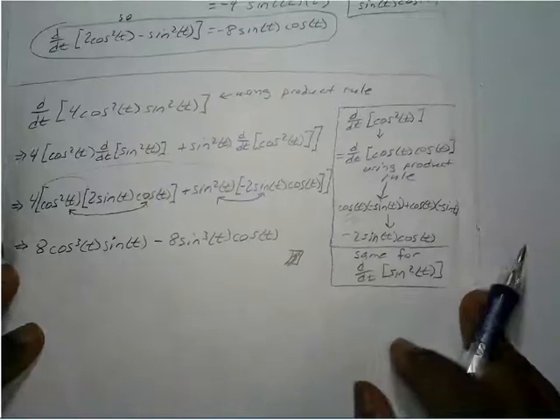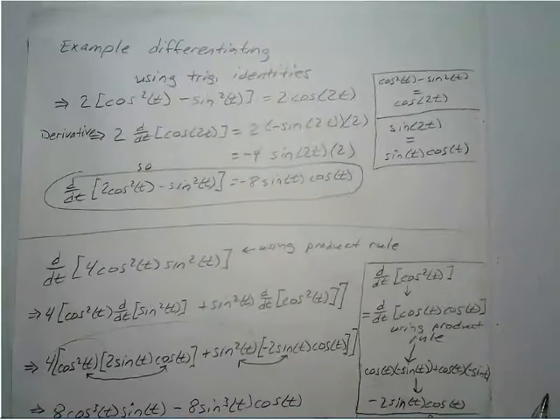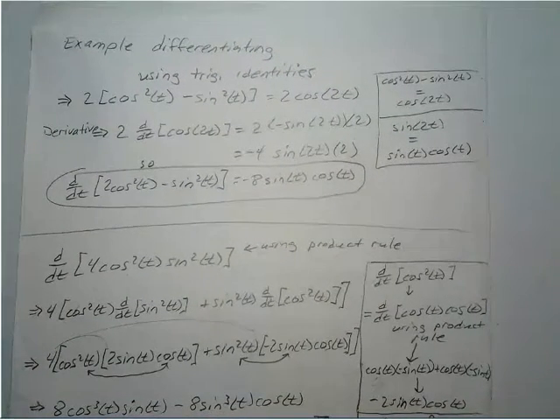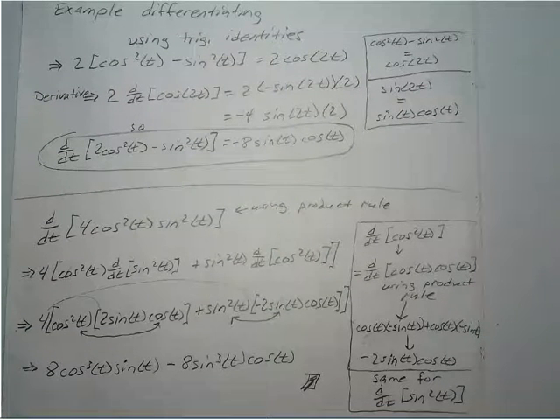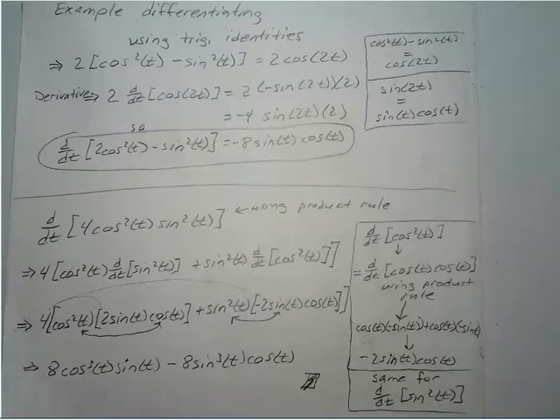When I did the differentiating on the previous example, this is how I worked it all out. So if you wanted to write this down, feel free to press pause. But if you're all done, we're going to go ahead and move on to our next section.